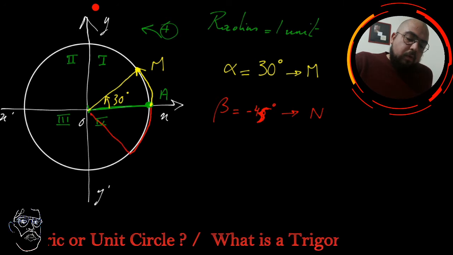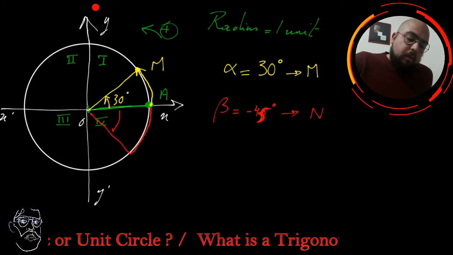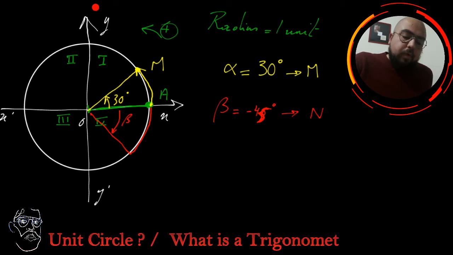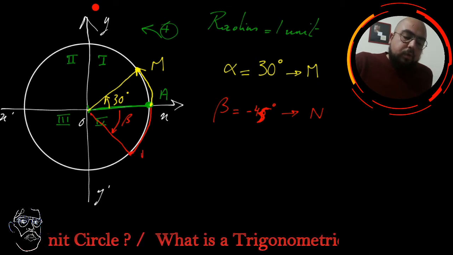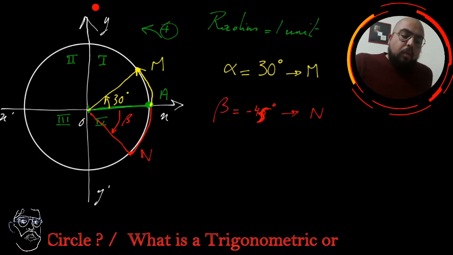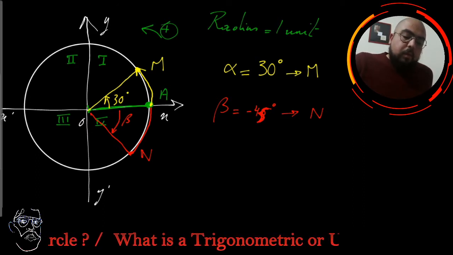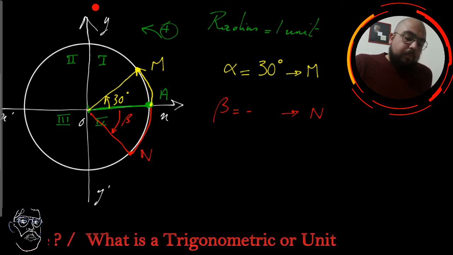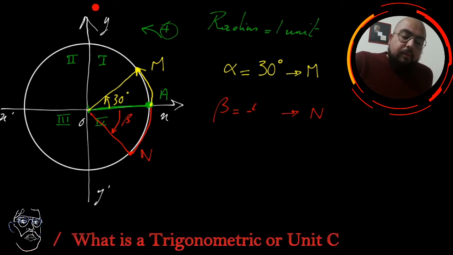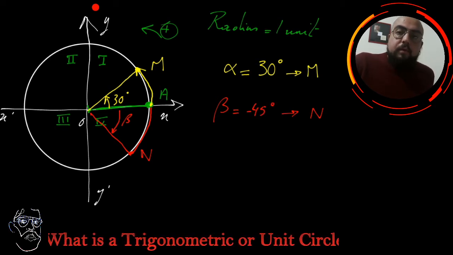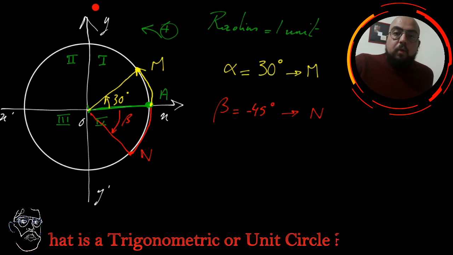This is how you will have the angle beta, which is minus 45 degrees, and this will be the position of your point N. So with the unit circle, or simply the trigonometric circle, we can have angles which could be positive, negative, 0.